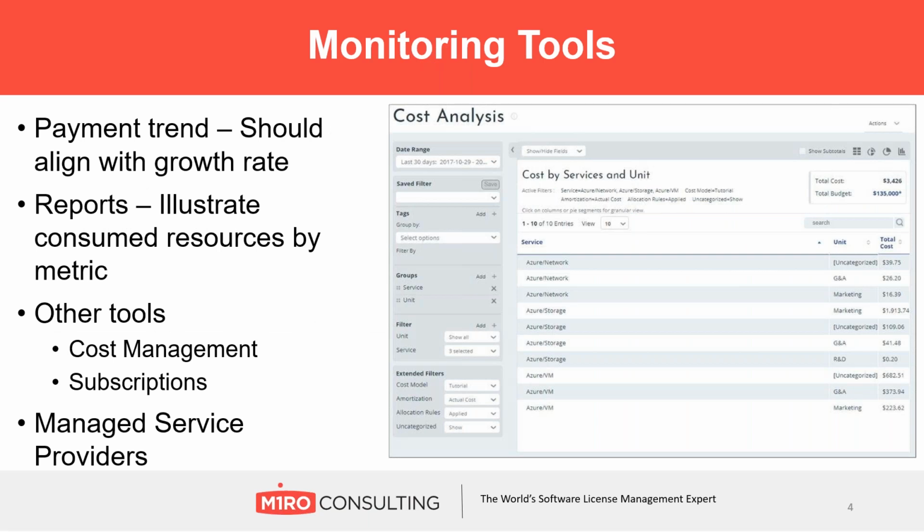Now, the individual who is responsible for paying the bills for Azure is a good starting point. And since it is billed on a monthly basis, this person or these people will be aware that the cost has risen for Azure.